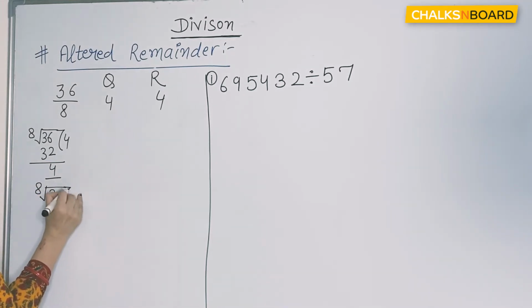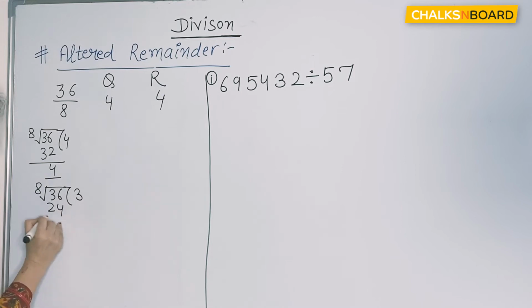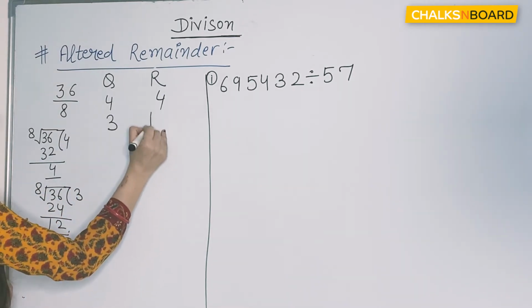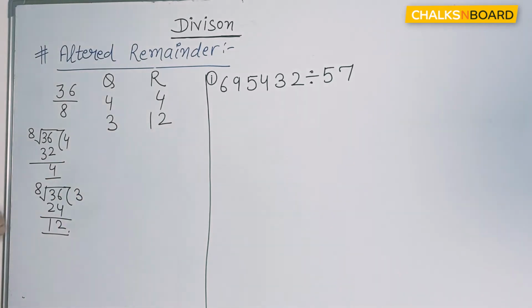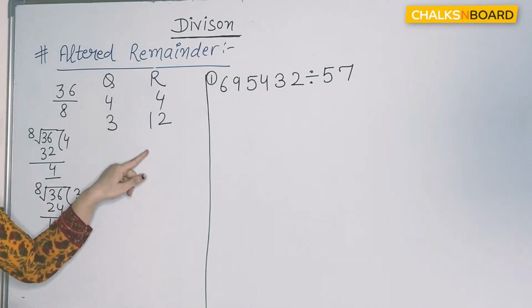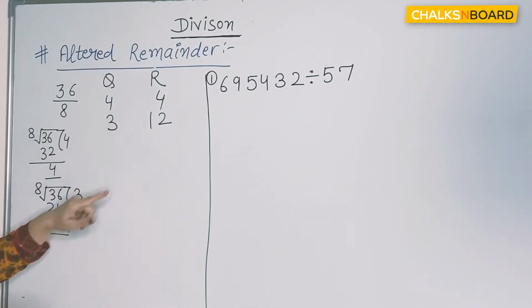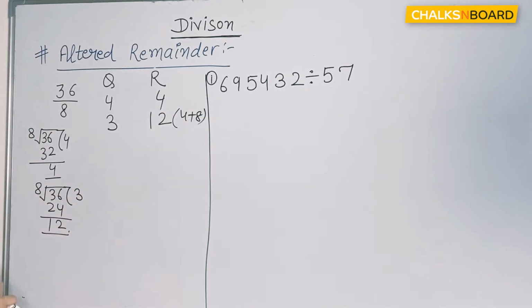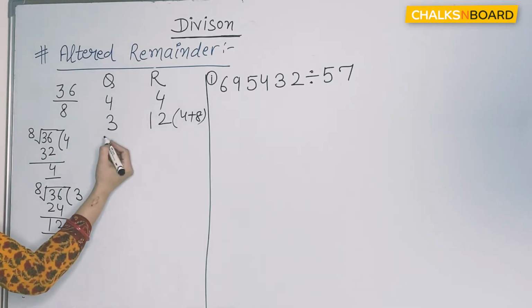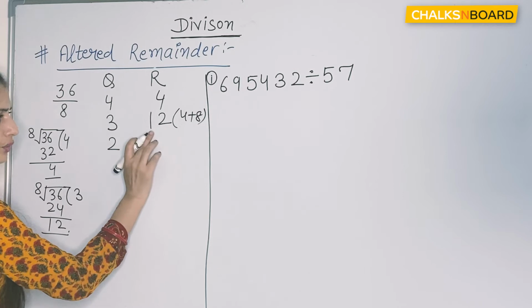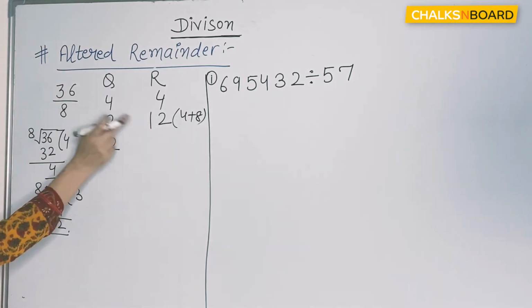here 36 divided by 8, that is 8 3s are 24 and our remainder is 12. That means our quotient is 3 and remainder is 12. As soon as you decrease the quotient by 1, our remainder increases by the divisor, that is 8. That is 4 plus 8 is our 12. If I want to decrease the quotient by 1 again, that is 2 here, then we have to add 8 again to our remainder.